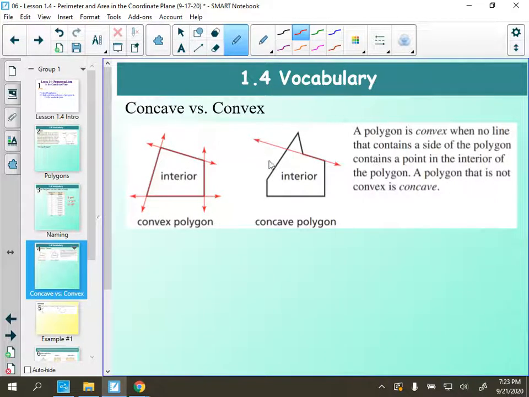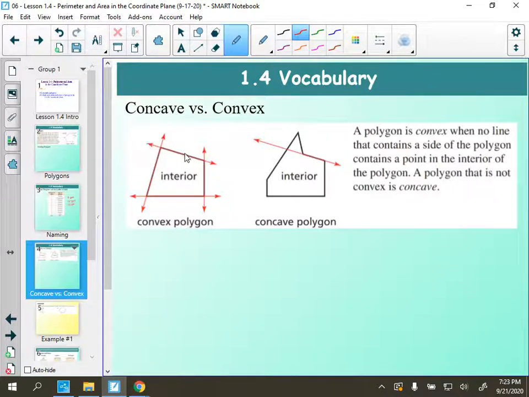What's going on with these lines here? This is the more formal definition of a convex polygon. It basically says that the line that contains the sides does not pass through the interior. So if you look at every one of these red lines, I'm basically extending the sides. I'm going to extend this side of the quadrilateral, extend this side. When we extend all the sides, the lines that we're making just stay right on top of the sides.